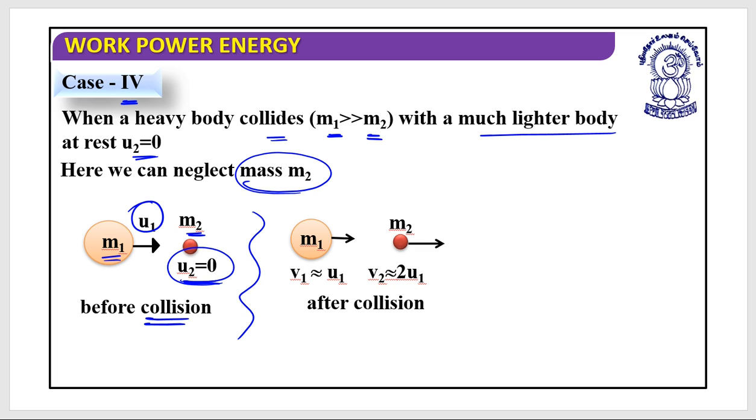Now after collision, v1 is equal to u1. That means the heavier body keeps moving with the same speed, but the lighter body has twice the velocity of the initial velocity of the first body.